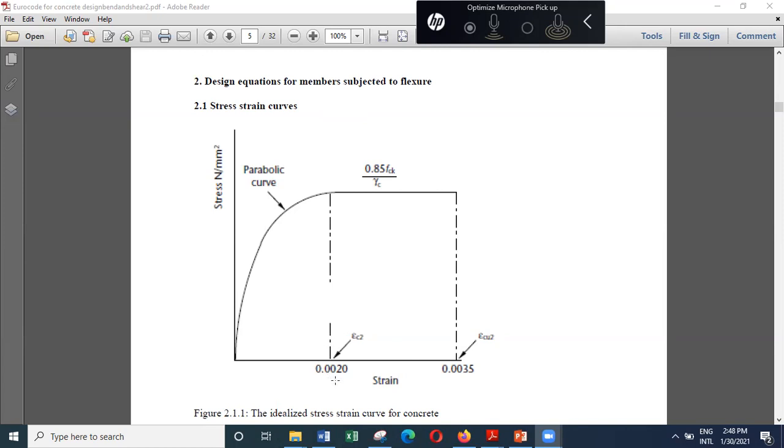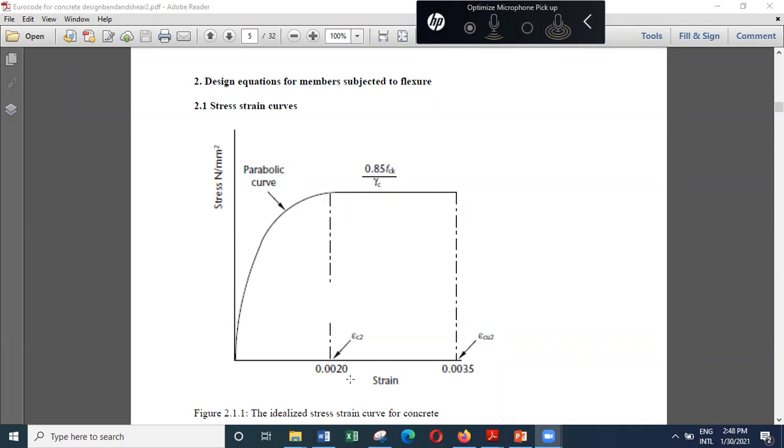Whereas it will become a rectangular stress block after a strain of 0.002. So those are the important parameters with respect to the stress strain curve of concrete.